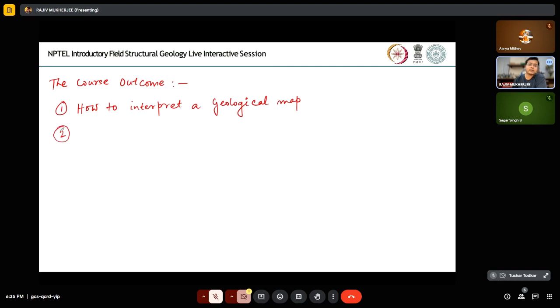Then the important part is handling field measurements, and some practical aspects of measuring structural attributes.